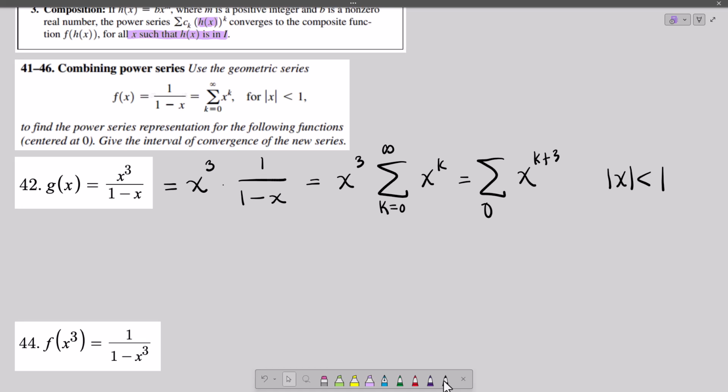So multiplying by a power of x is not going to affect the interval of convergence, because those powers of x are in both the a sub k and the a sub k plus 1. So multiplying by a power of x, as long as there's not division by 0, we're good to go. That is what we're going to have. That is the power series representation of this function.